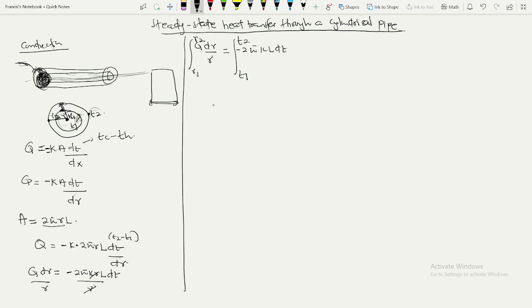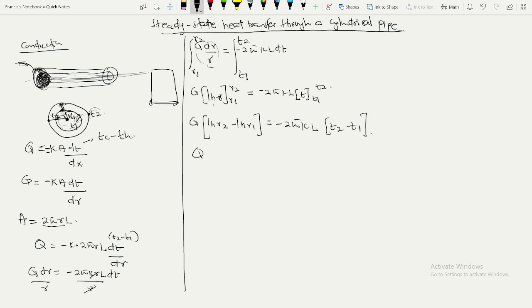When we integrate this with respect to r, we are going to get Q ln r from R1 to R2, and this will also be negative 2 pi KL, T from T1 to T2. So we are going to get Q times ln R2 minus ln R1, and this is equal to negative 2 pi KL, T2 minus T1.